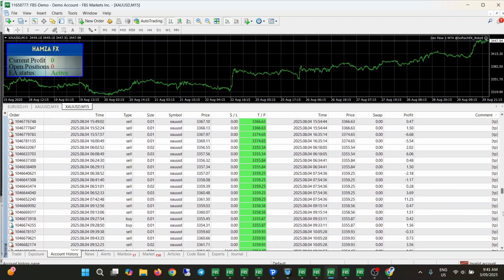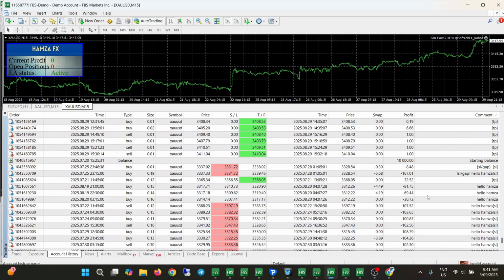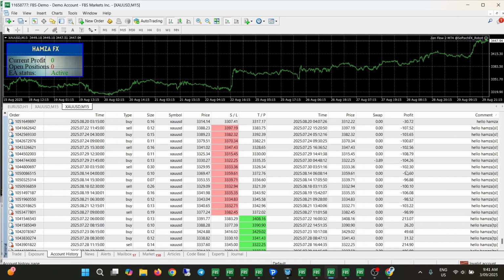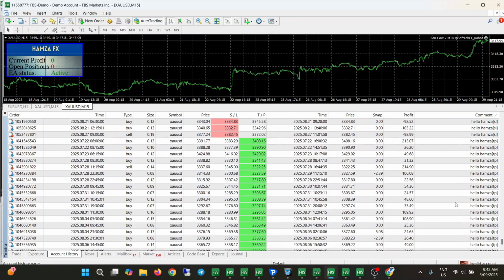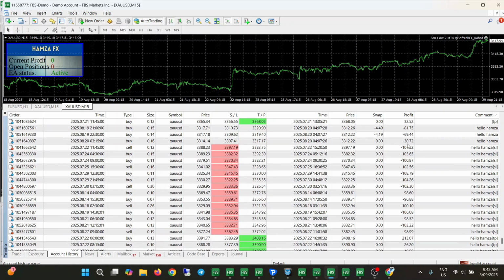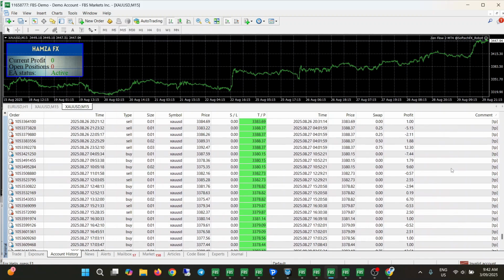It might be here, down the bottom. Oh, here we go. I renamed the comment to Hello Hamza so I could see the difference. We can see that Hamza was probably not real good, but it does have some winning trades here as well. So it's really hard for me to tell if Hamza was any good, because we've got all these losses here, and then we've got all these profits, and they're both trading gold, so I can't really tell if the crypto investor or the Zenflow one were good or not.